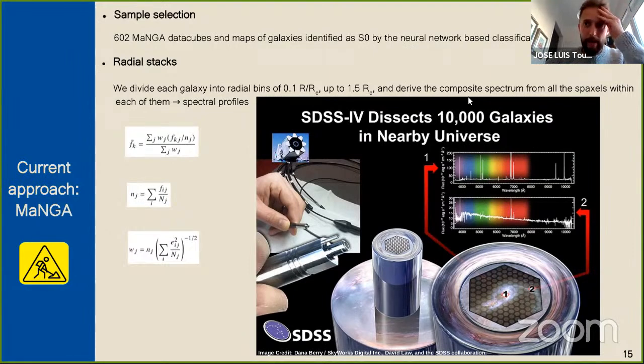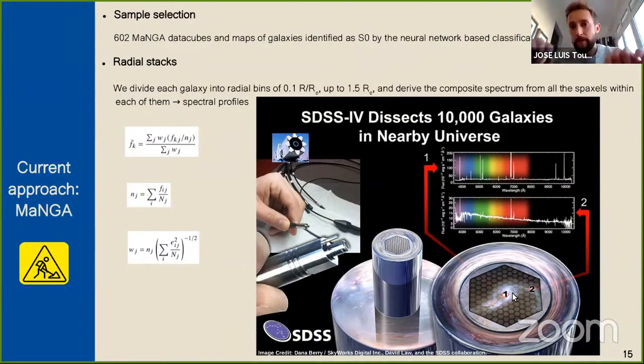Now, I'm not an expert on MaNGA, but I will try to explain more or less what we are doing. MaNGA applies these hexagonal bundles of fibers to obtain the spectrum at different parts of the target galaxies. So if before we had only one single spectrum from the central part of the galaxies, we now have several dozens of spectra for each single galaxy.